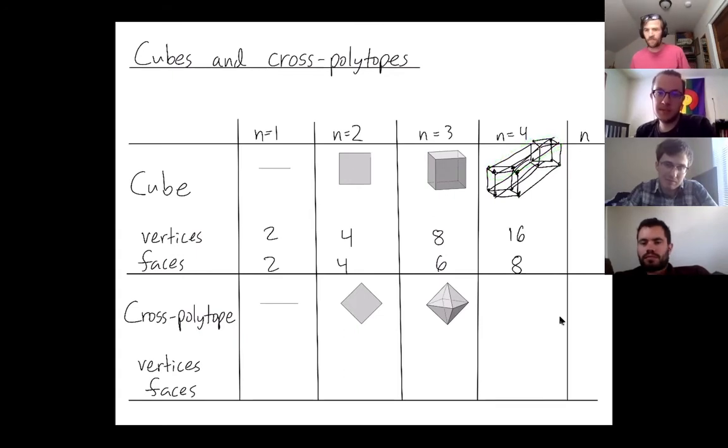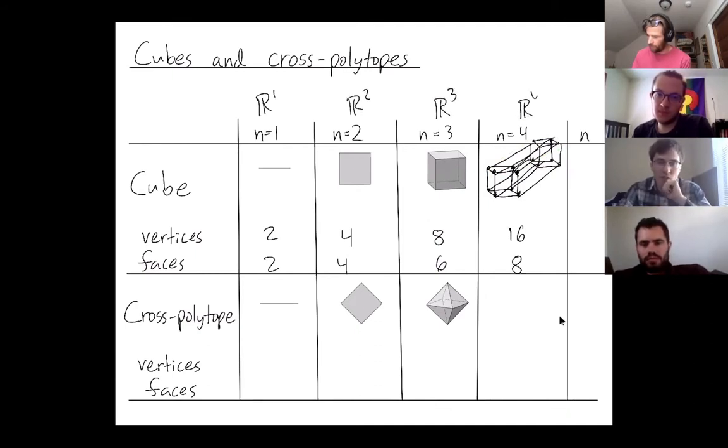So when you say faces, you mean n-1 dimensional things? Yeah, so let's put it this way. We're living in the line, the plane, 3D, 4D, and ND. And faces in n dimensions, a face is going to be an n-1 dimensional polytope that's on the boundary of this cube.